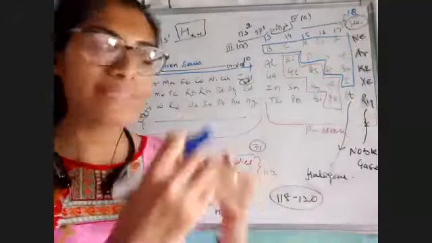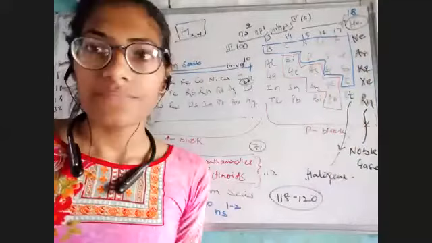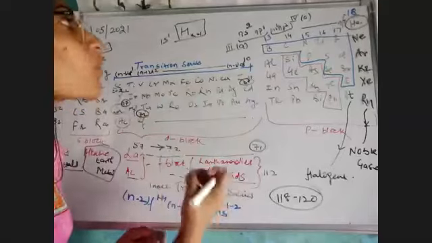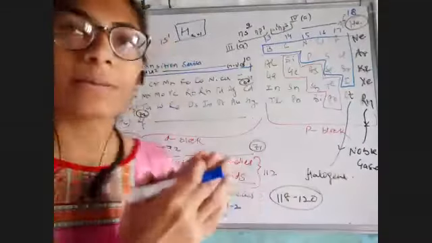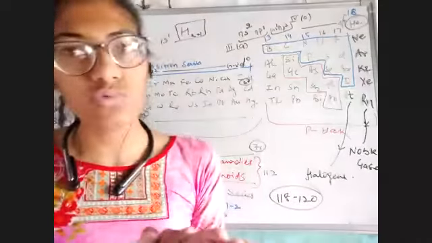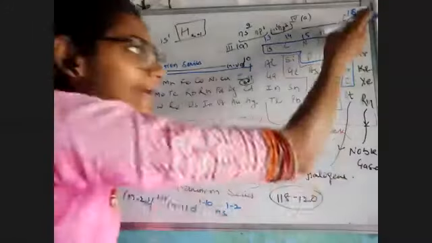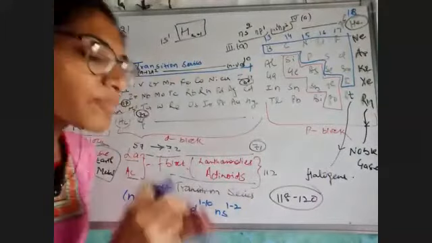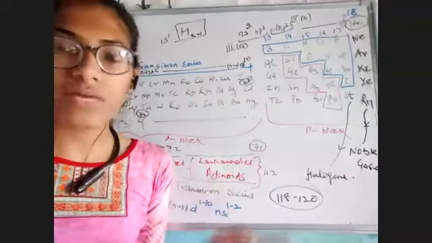If it accepts one electron, it goes to the noble gas configuration. So hydrogen, if it accepts one more electron, becomes like helium. Helium has a completely filled subshell 1s2, because in 1s a maximum of 2 electrons can come. So hydrogen is behaving somewhat as a halogen and somewhat as an alkali metal, but the properties are totally different. We can say that only on the basis of electronic configuration.